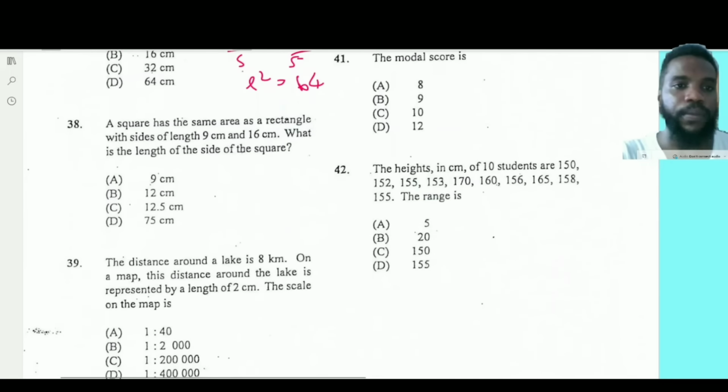Alright, 38. A square has the same area as a rectangle with sides of length 19 centimeter and 16 centimeter. What is the length of one side of the square? So they have the same area. So if I know the area of the rectangle, I know the area of the square. So for a rectangle, the area is length times width.